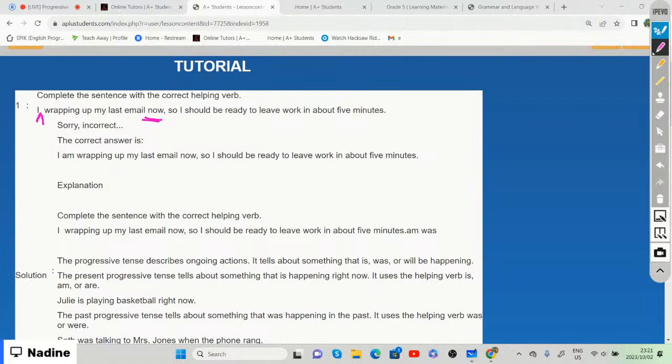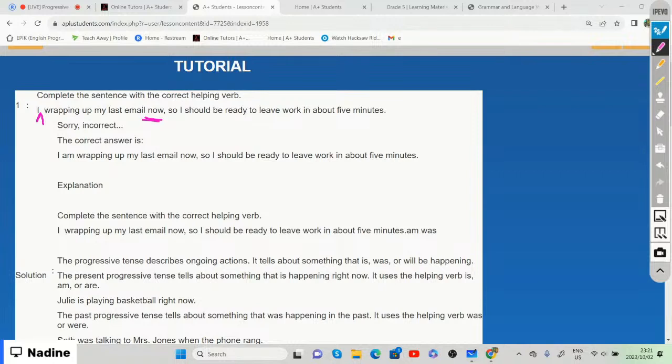We need to complete the sentence with the correct helping verb. So I am wrapping up my last email now. So I should be ready to leave work in about 5 minutes. So before we complete the sentence with the correct helping verb, is this present tense, is the sentence in the past, or is the sentence in the future tense?